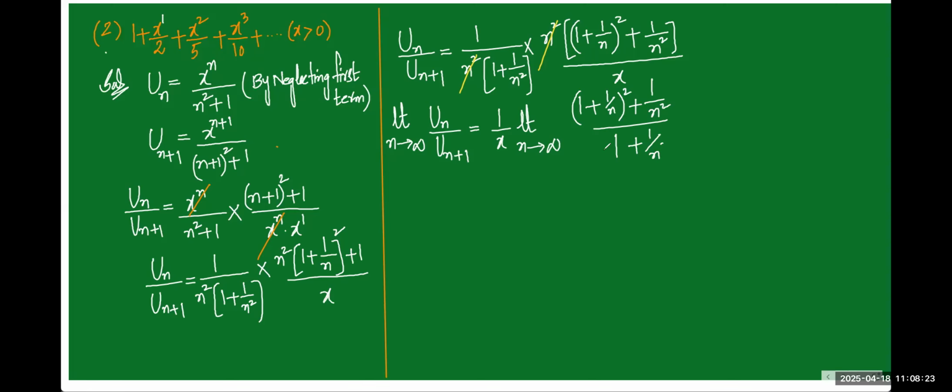And we know that as n tends to infinity, wherever 1 by n or 1 by n square is there, will become 0. So 1 plus 0 plus 0 by 1 plus 0. Aggregate, our answer is only 1 by x.